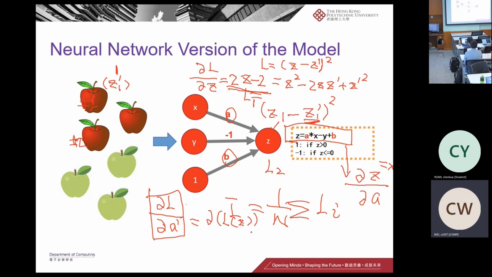Because L is a function of z, to find the derivative you can use the chain rule. It tells you that you can get it by calculating the derivative of L over z, and at the same time multiplying by the gradients of z over a. So this is what we have in the gradients.